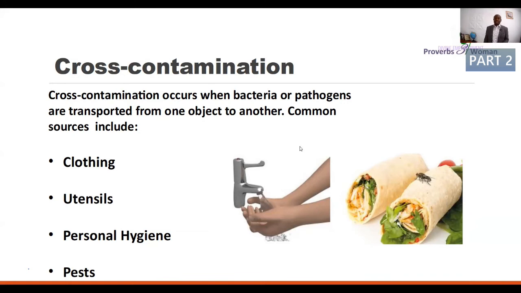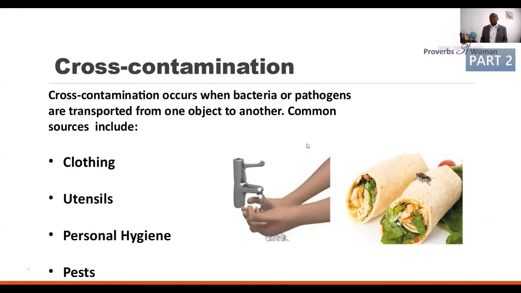Now, the common sources include clothing, as I'm explaining now, and utensils, for example, knives. If you use that knife to cut meat, and the same knife without washing it, you use it to cut vegetables, that's cross-contamination. Now, personal hygiene, okay?